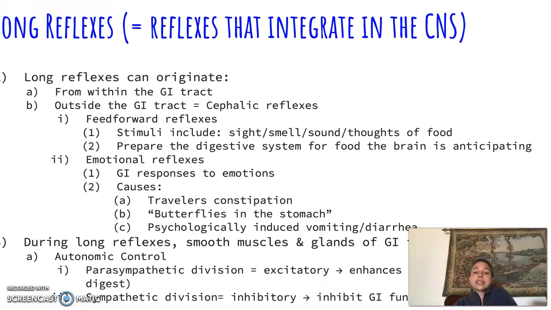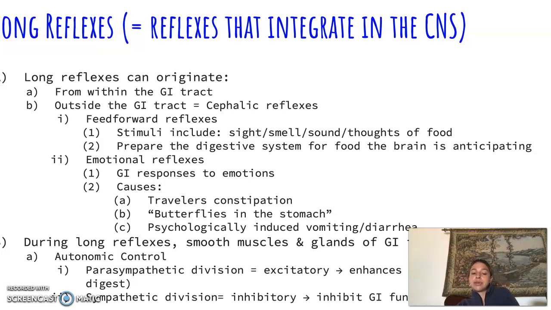Moving on to long reflexes, these are the reflexes that integrate in the central nervous system. Long reflexes can originate from within the GI tract, but they can also originate outside of the GI tract, and these are known as the cephalic reflexes because they begin in the central nervous system.